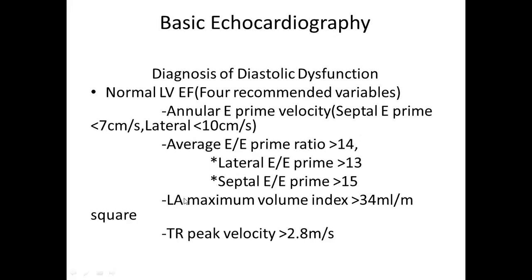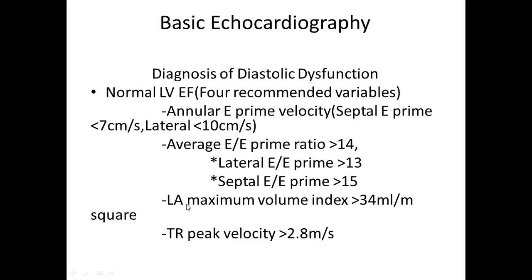Okay? Then the next thing you're going to look at is left atrial volume index. And if it's greater than 34 mLs per meter squared, so this is per meter squared, that's significant. And the tricuspid regurgitant peak velocity greater than 2.8 meters per second.